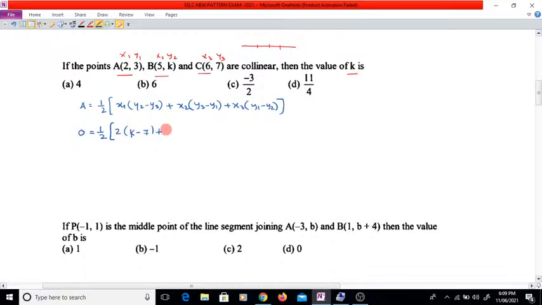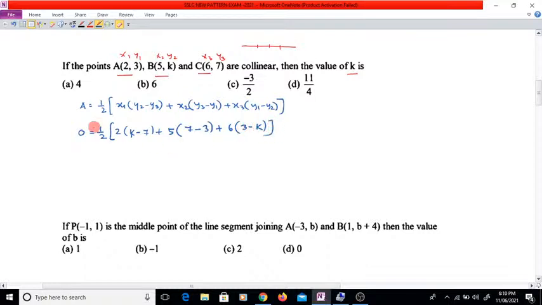What is x2? x2 is 5 into y3 minus y1. y3 is 7 minus y1 is 3 plus x3 is 6 into y1 is 3 minus y2 is again k.